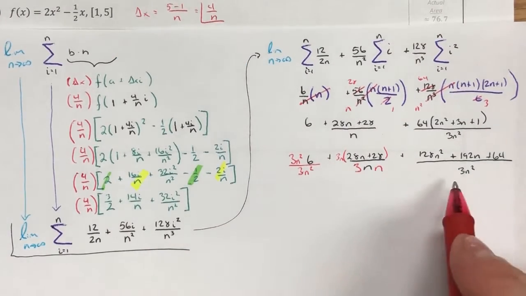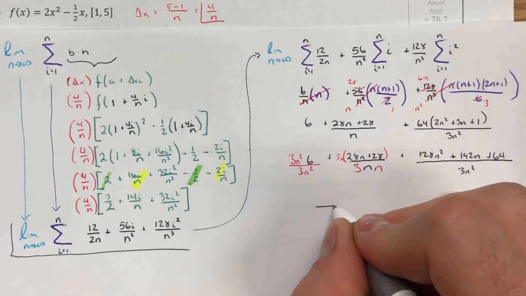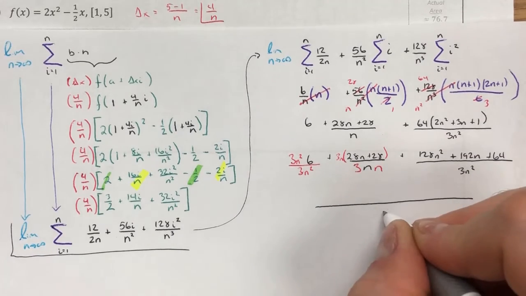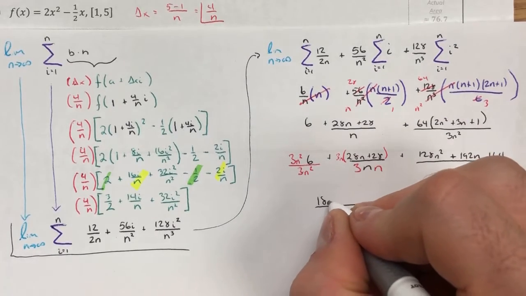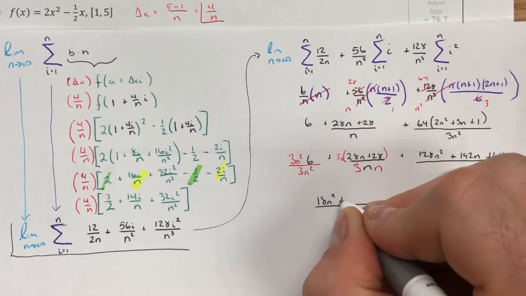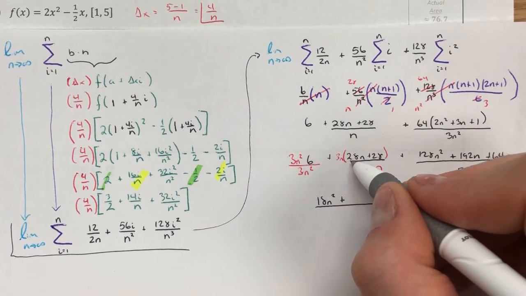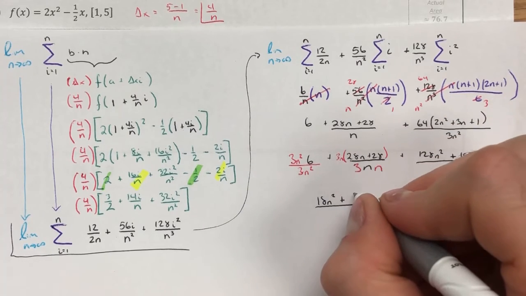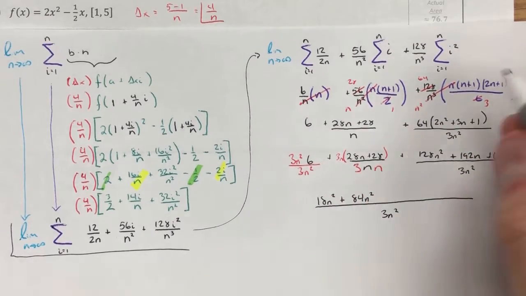This will make them all under a common denominator of 3n squared. See, 28 times 3, that's going to be 84n squared.